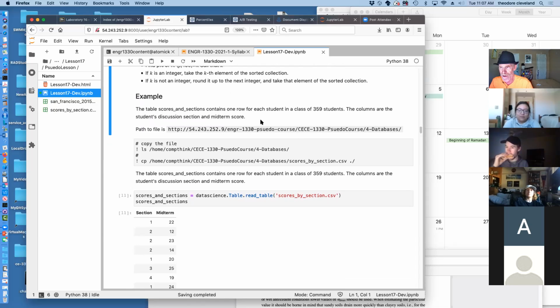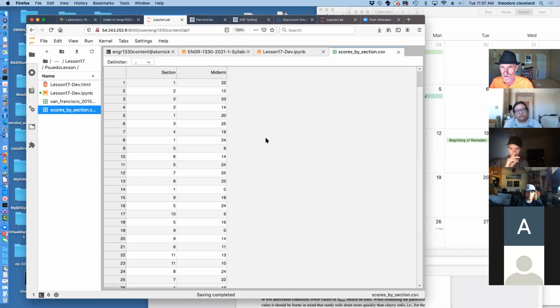There is a set of databases called scores and sections, and it contains one row for each student in a class of 359 students. The columns are the students' discussion session and the midterm score. So I have a copy here locally, but if you want to get the file yourself, you could take this particular path.